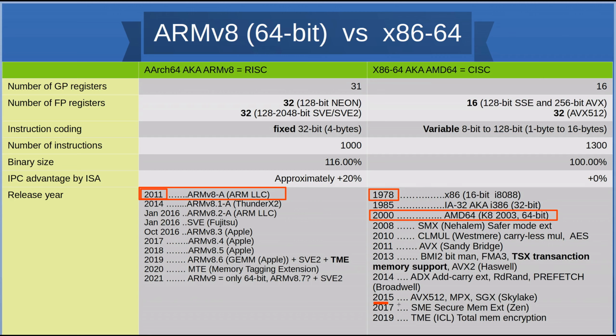I actually like AMD Secure Memory and Intel's Total Memory Encryption, which are quite good for security, and ARM is also bringing the Memory Tagging Extension, which deals with some security in C and C++ code, which is really good.